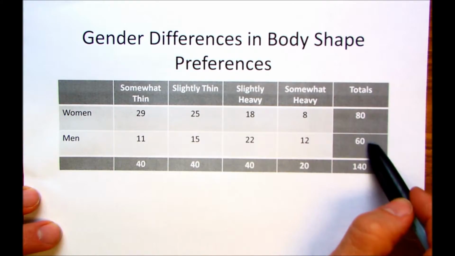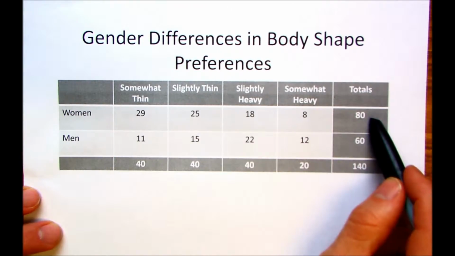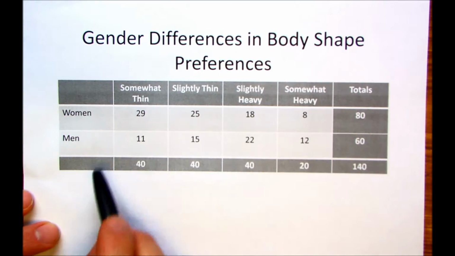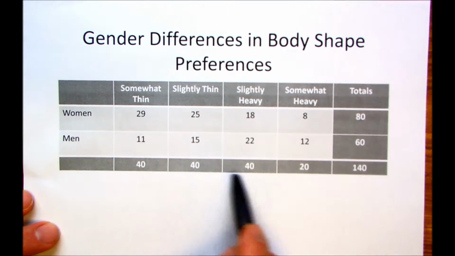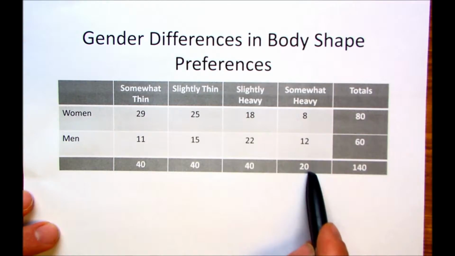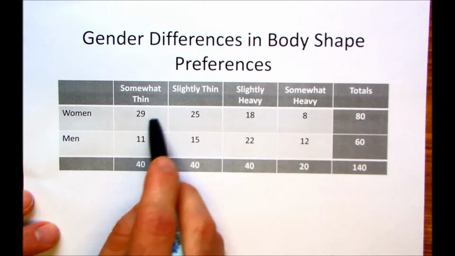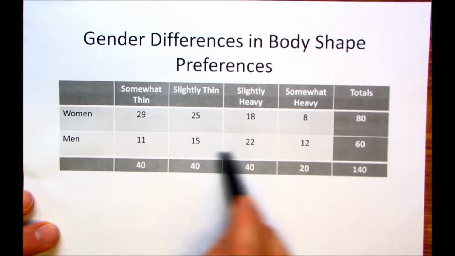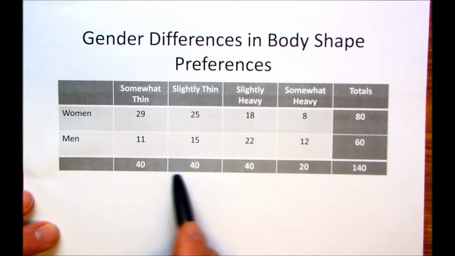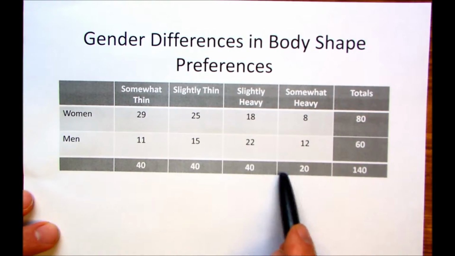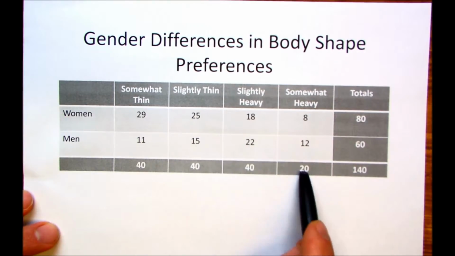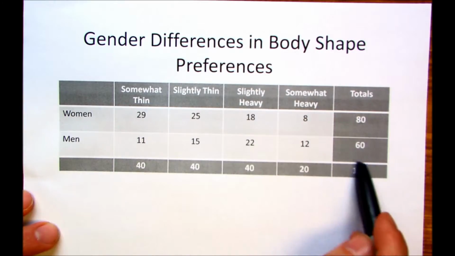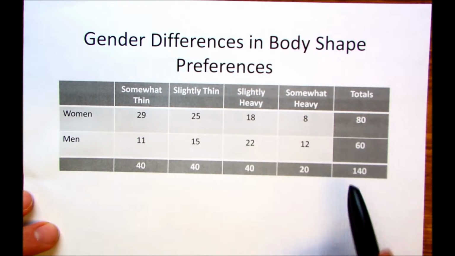We have differences there, which is typical in research today; many more women usually participate in studies than men. Then we've got our totals for each category of preference, and we want to see whether there are differences between men and women. Total-wise, it seems very similar, with less of a preference for the somewhat heavy, and then we've got our total sample size right here.